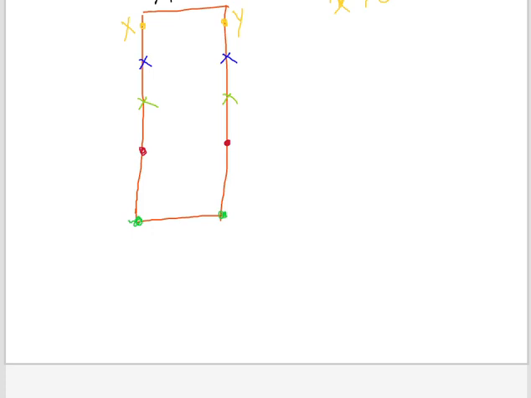A, B: A is equivalent to B. Tell me what we can get from this equivalence relation.